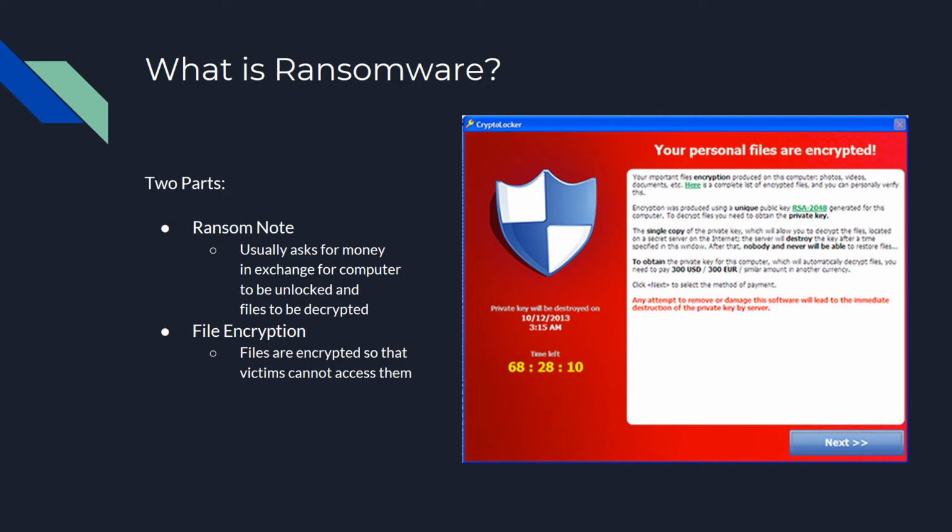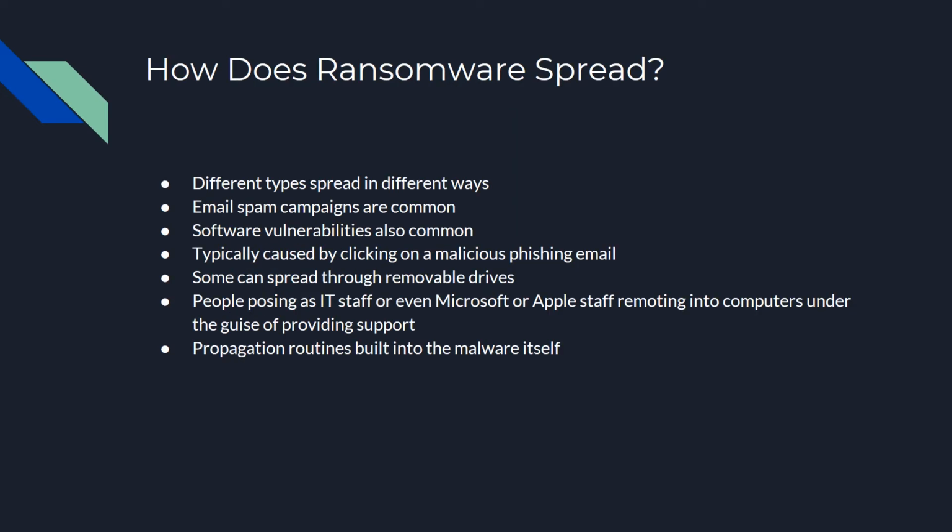So moving on. How does ransomware spread? We kind of touched on this already, but obviously different types spread in different ways. Email spam campaigns are quite common. Typically that means a malicious URL coming through an email that is under the guise of a company email or an email maybe even from someone that the user knows personally.